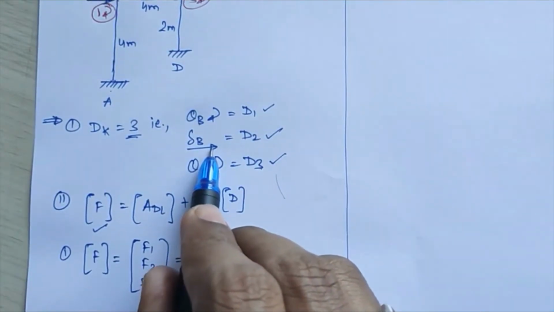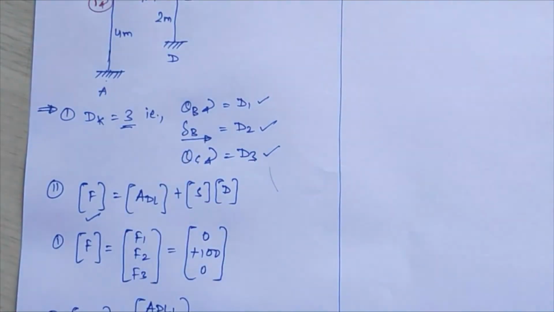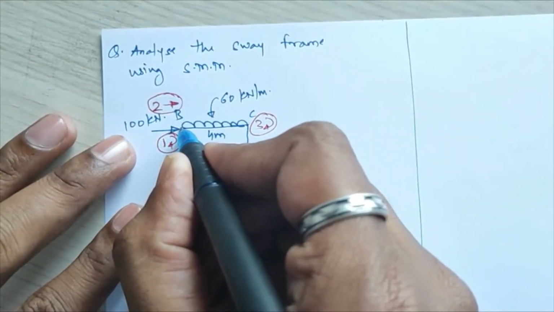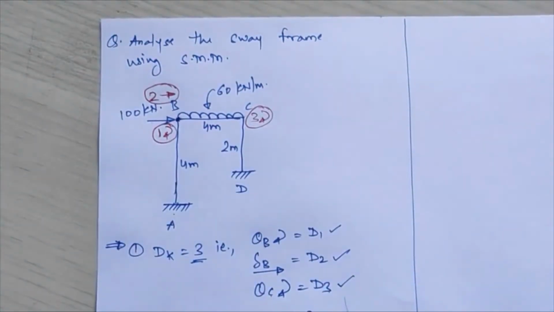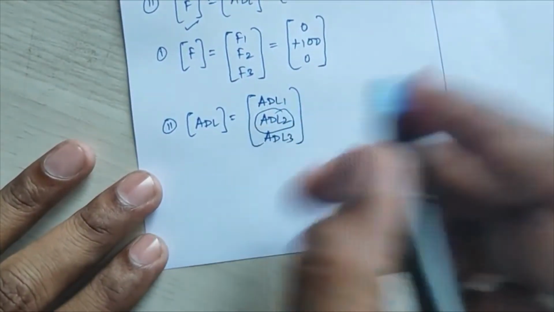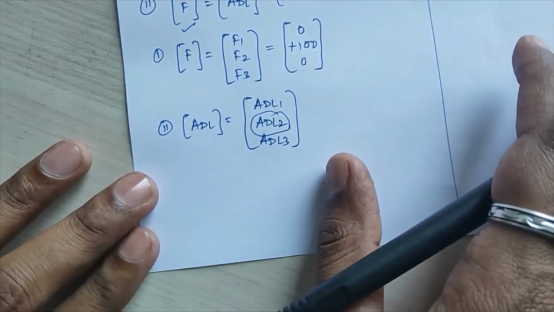So you have to see whether there is any corresponding force acting in your restraint diagram or not. That means you need to calculate the horizontal reaction at this point B to get the value of ADL2. We'll see that.